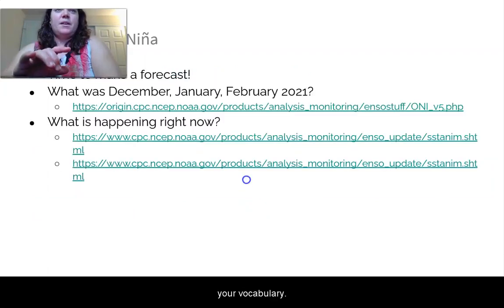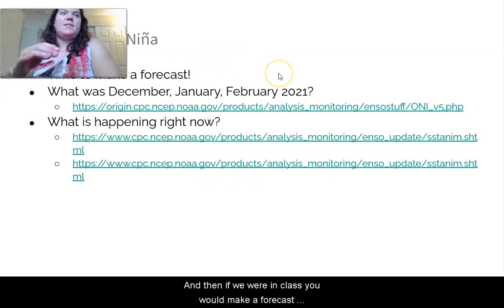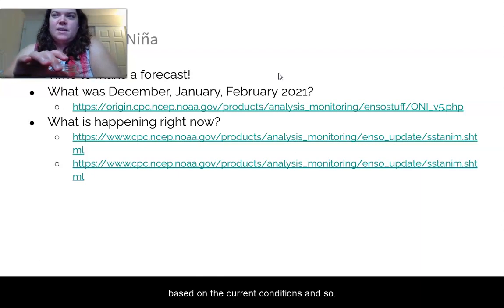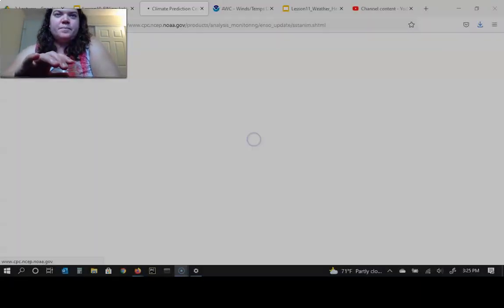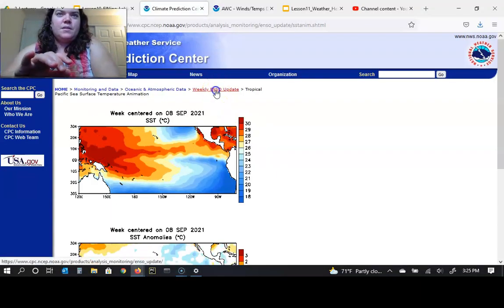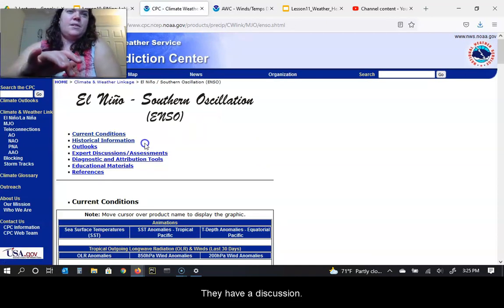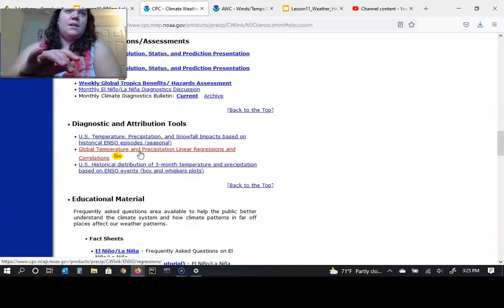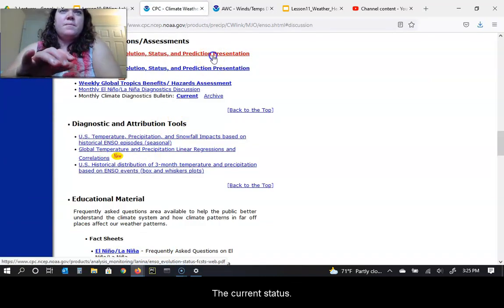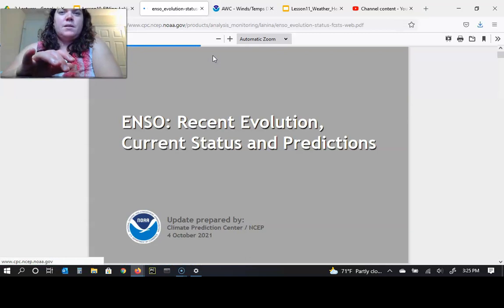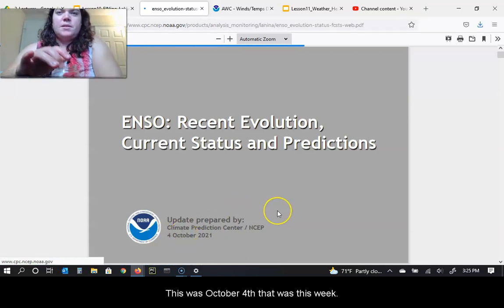So there's your vocabulary. And then if we were in class, you would make a forecast based on the current conditions. And so let me go check that out. If you go to the Climate Prediction Center, they have a discussion of the current status. So this was October 4th, so that was this week.